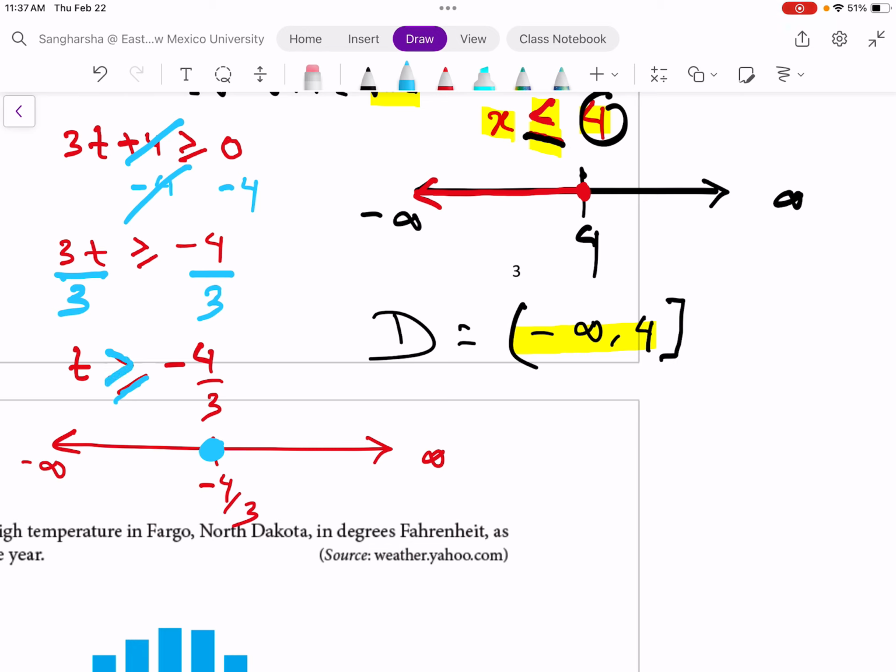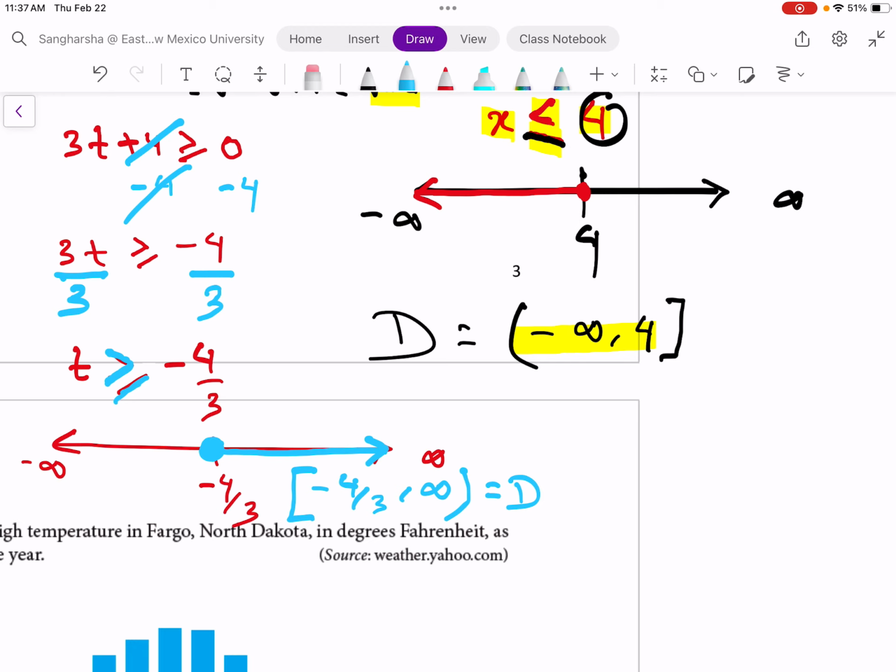Right of negative 4 over 3, so all these numbers are the domain. So we have negative 4 over 3 all the way to positive infinity. We have a closed circle at negative 4 over 3, which means a bracket, and a parenthesis with infinity. And this is the domain. Every number which is greater than or equal to negative 4 over 3 is a domain for this function.